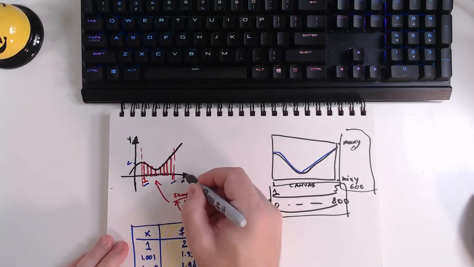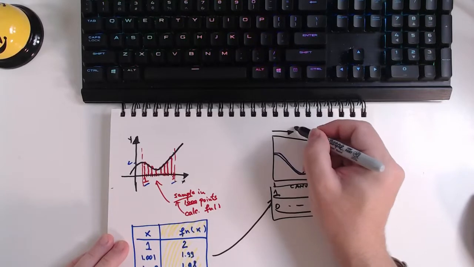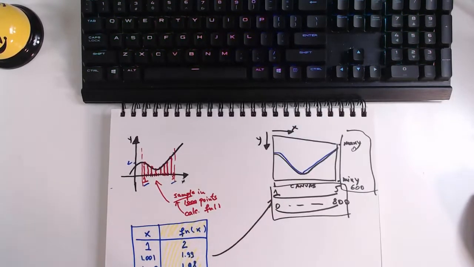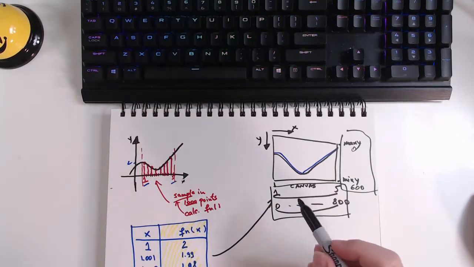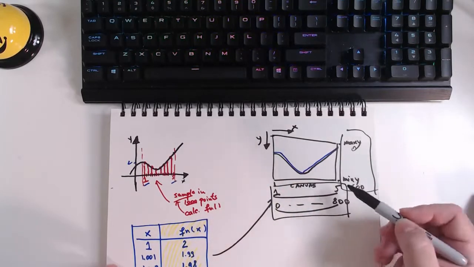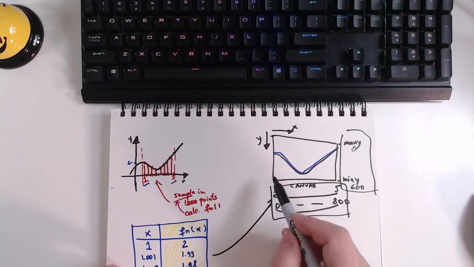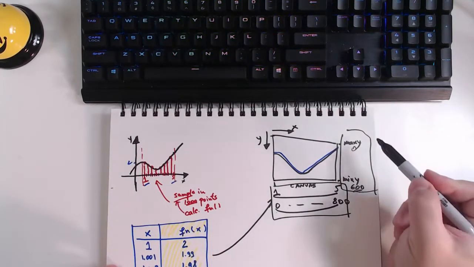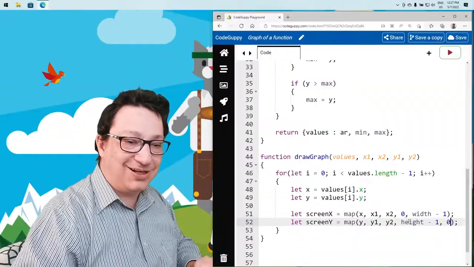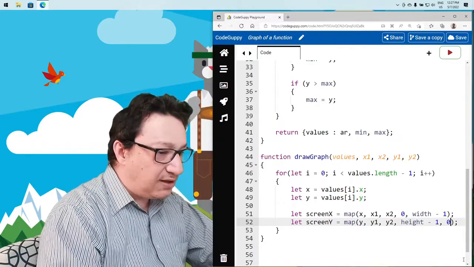And x goes to the right. Here on our canvas, x still goes to the right, but y goes down. So when y is maximum, we want to map it on the canvas to 0. And when y is minimum, we want to map it to the 600, like we put here. So we map it in reverse in order to not have the graph flipped. So yeah, that should be fine.